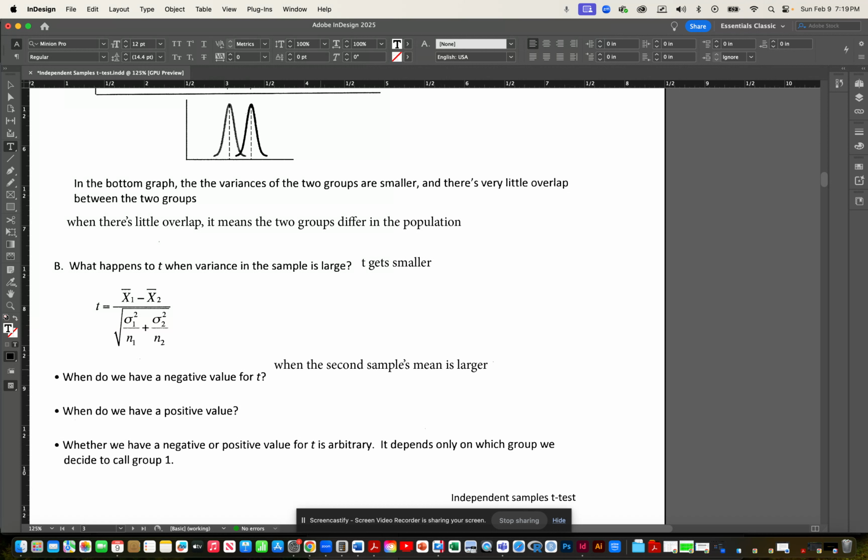When do we have a positive value? Well, when the first sample's mean is larger. Now, as it turns out though, whether we have a negative or positive value for t is arbitrary because it just depends on what we define to be the first group and the second group. So it doesn't matter, and you'll see why in the next video.